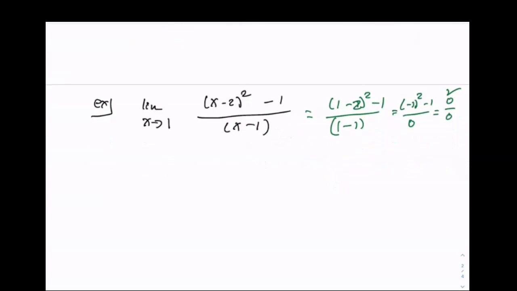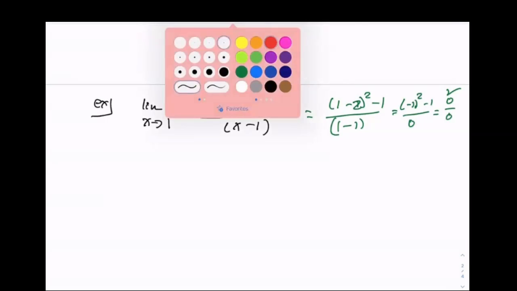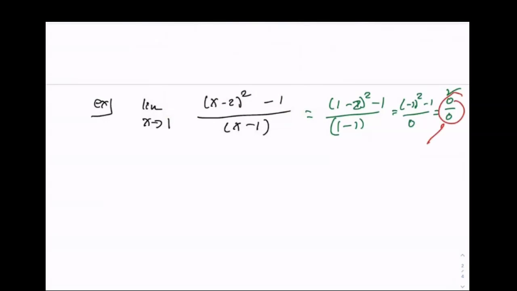Are you always going to get 0 over 0 on these problems? No. That's why we have to make sure that we've done the plugging in. It doesn't mean we will get 0 over 0. All right, so now what do I have to do?